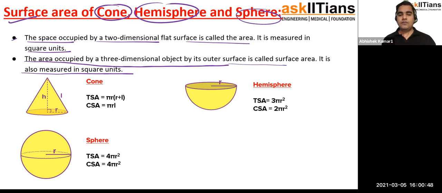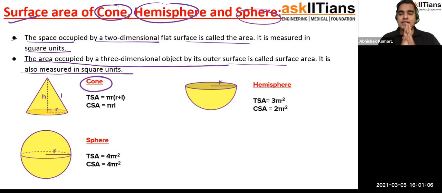If you look at your very first figure, I'm talking about a cone. You can take, for example, an ice cream cone, or the birthday cap that we use in birthdays.